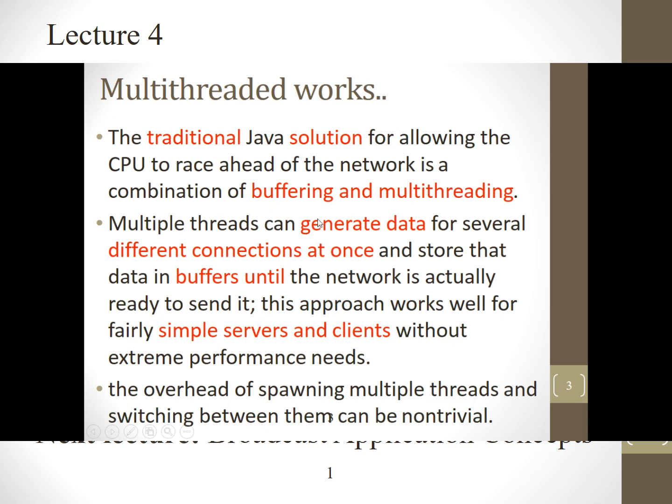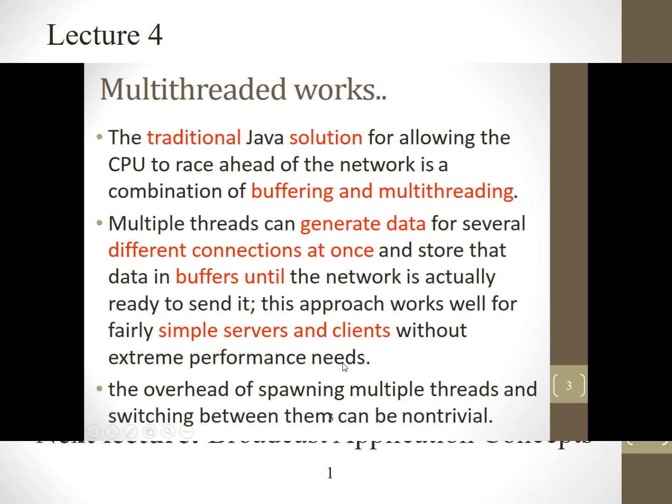So multiple threads can generate data for several different connections at once, and store that data in buffers until the network is actually ready to send it. This approach works well for simple servers and clients without extreme performance needs.